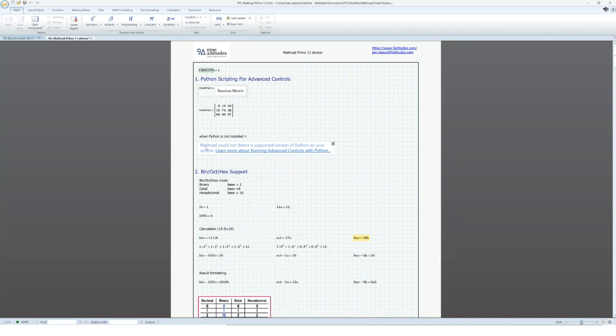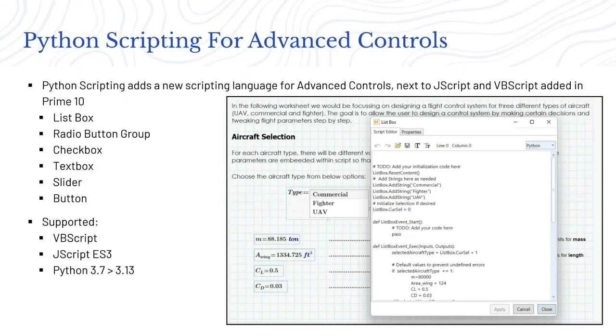So that is an addition to the advanced controls in 11. I added the versions. So for JavaScript, it's ES3, and for Python, all versions between 3.7 and 3.13 are supported, in which 3.13 is the most recent version of Python.